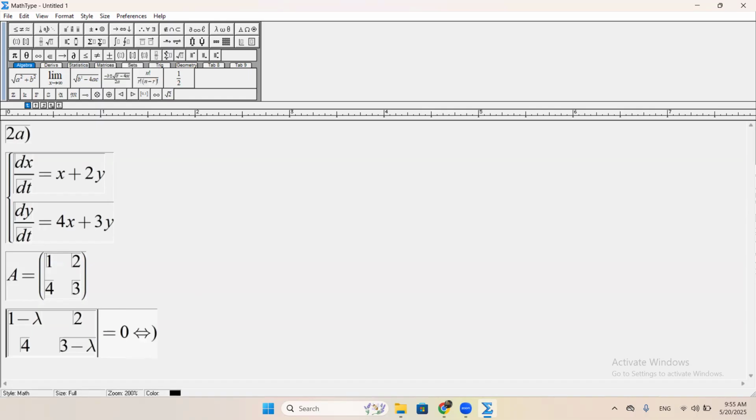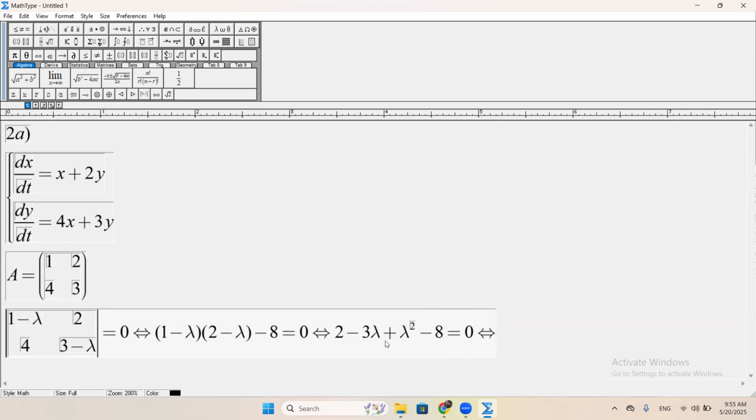So continue solving this equation. Minus 8 equals 0. Expanding brackets, so 2, and then minus 2, minus 1, so 2 minus 3 lambda plus lambda square minus 8 equals 0.